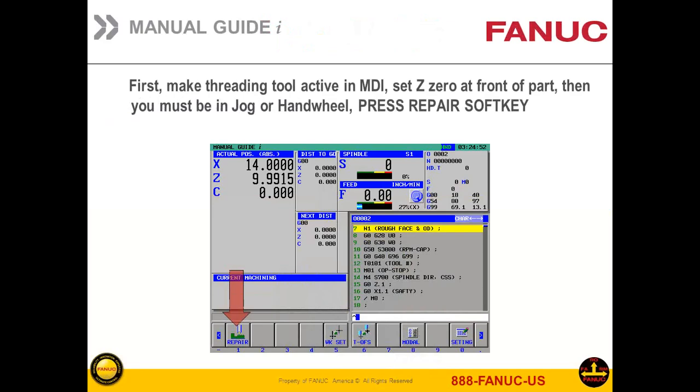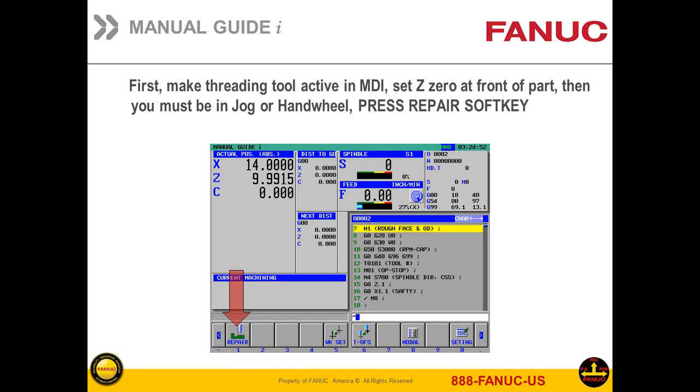The procedure on how it works is, first, obviously, you go into MDI, make a threading tool active, whatever tool number that might be. And you set your work offset at the front of the part. Once you do that, you go into jog, hand wheel, remote, however your machine describes going into a manual mode where you can move it with a hand wheel or with a jog button.